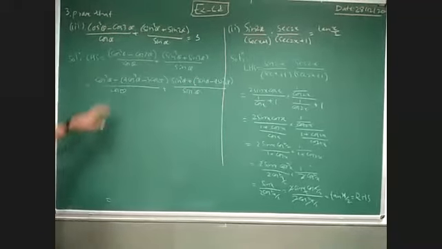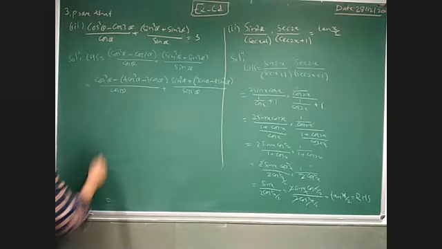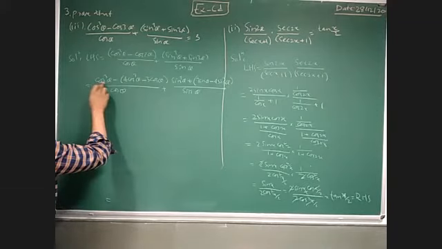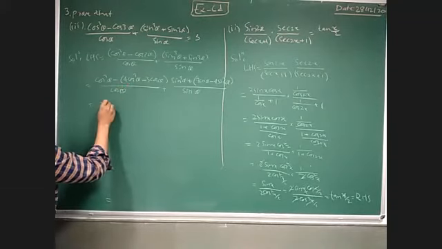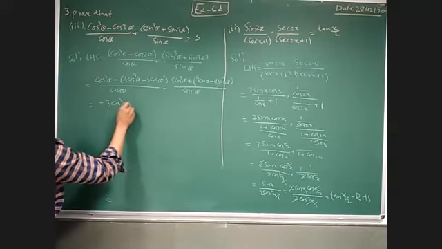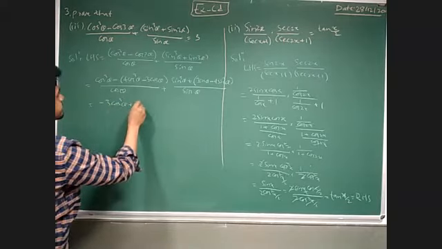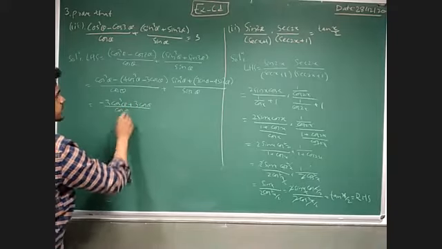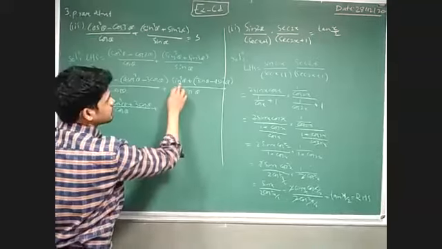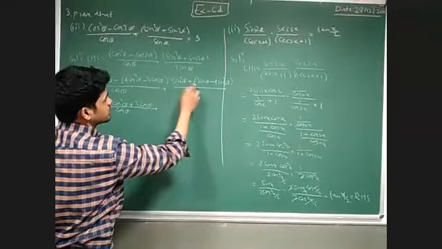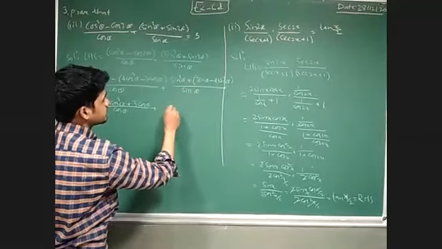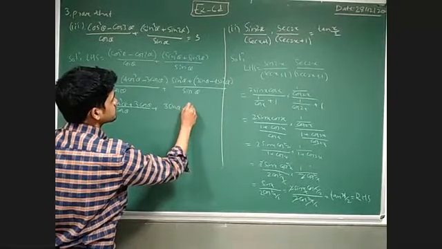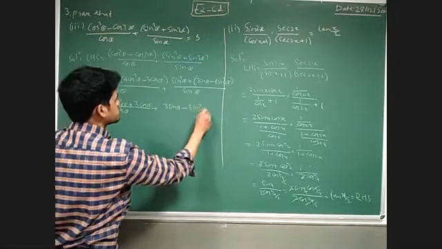Right, now just open all the brackets. So here I will have cos cube theta minus 4 cos cube theta plus 3 cos theta by cos theta, plus sin cube theta plus 3 sin theta minus 4 sin cube theta, so I will have 3 sin theta minus 3 sin cube theta by sin theta.